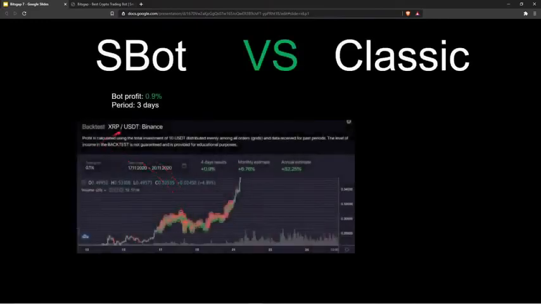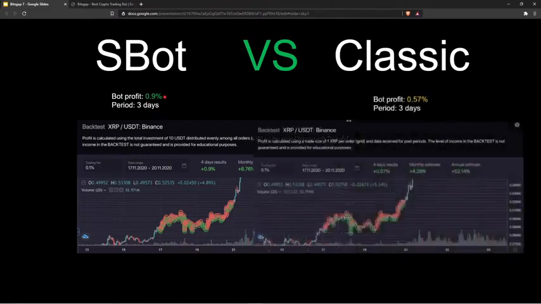That was XRP trading to USDT, the period of 3 days, from the 17th of November until the 20th of November. And you see this was pretty much the sideways formation, so the period of accumulation before the rally. And for this period, like 3 days, it managed to make 0.9%.